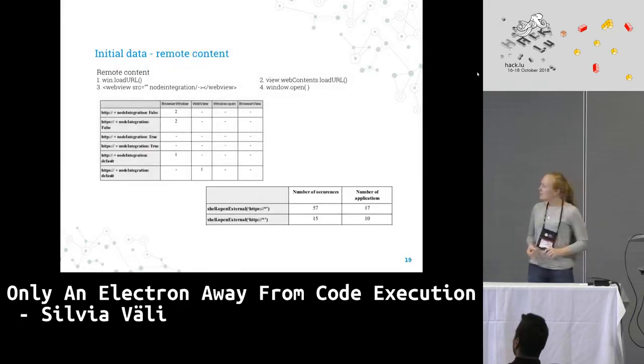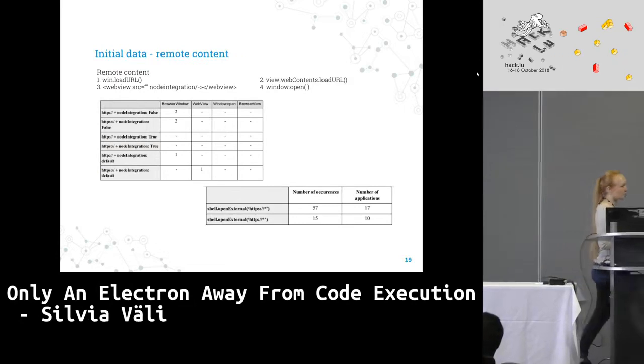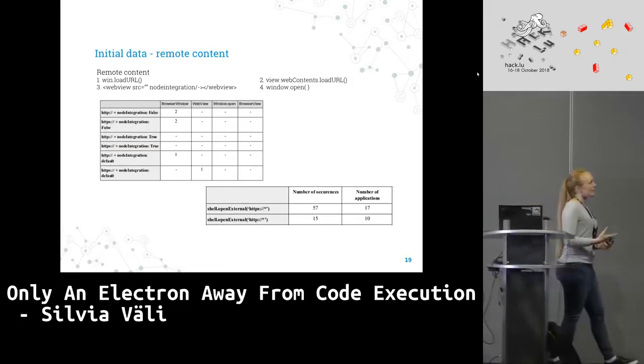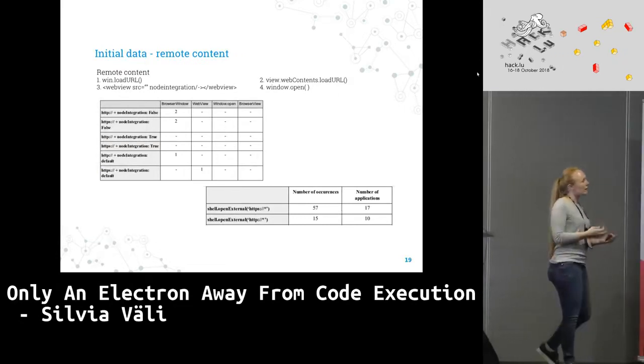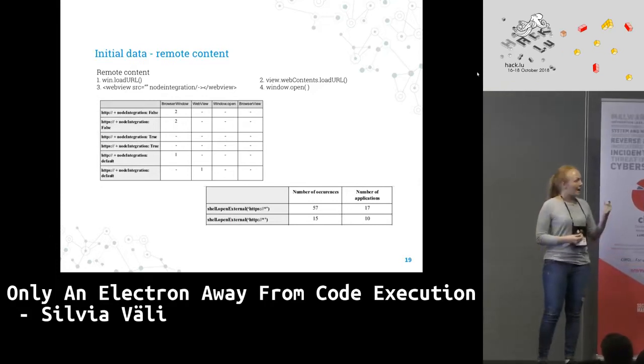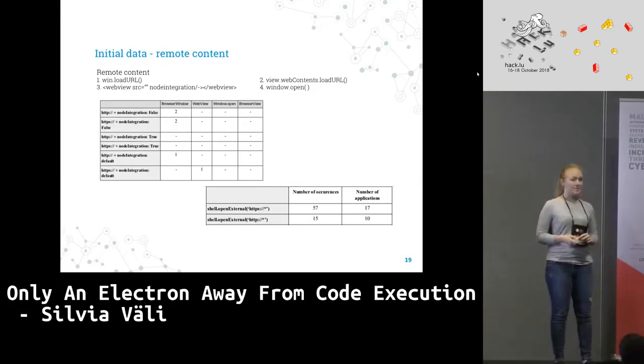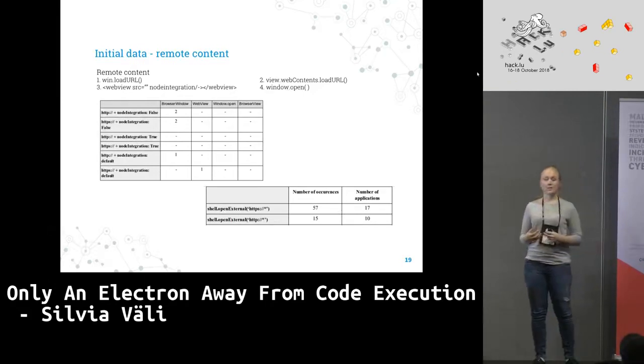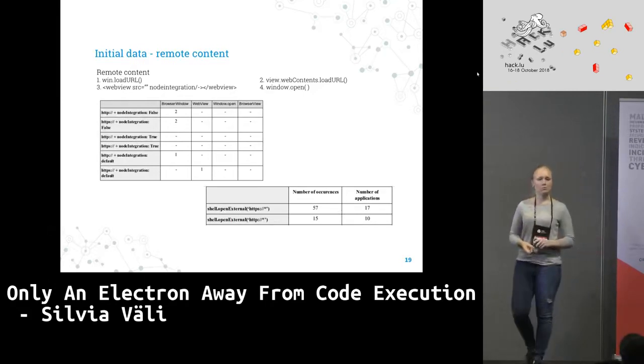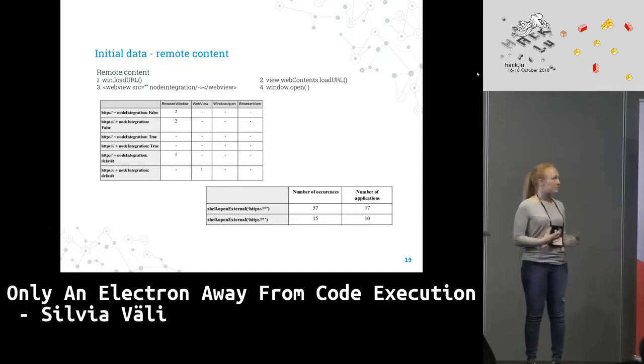When it came to the remote content, I went through the Electron documentation. I gathered some data that they were suggesting you add it in these 4 ways. But when I started to go through the source code of these applications, I saw that none of the developers was really using any of those ways.